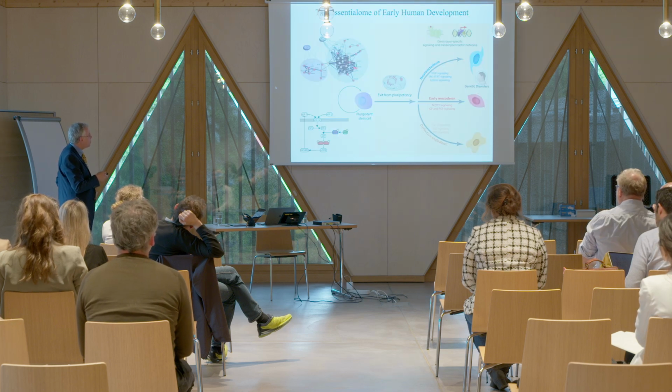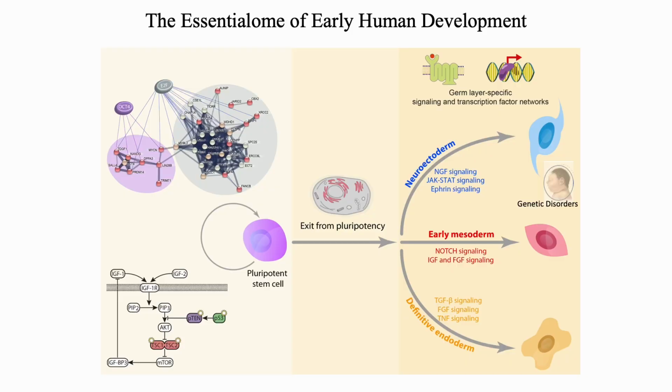So what I tried to show you is that we can really look at pluripotency, what is regulating pluripotency, and what are the most important pathways in pluripotency. I showed you how we study exit from pluripotency, and then the differentiation into the 3 embryonic layers and the unpublished data regarding neurons.